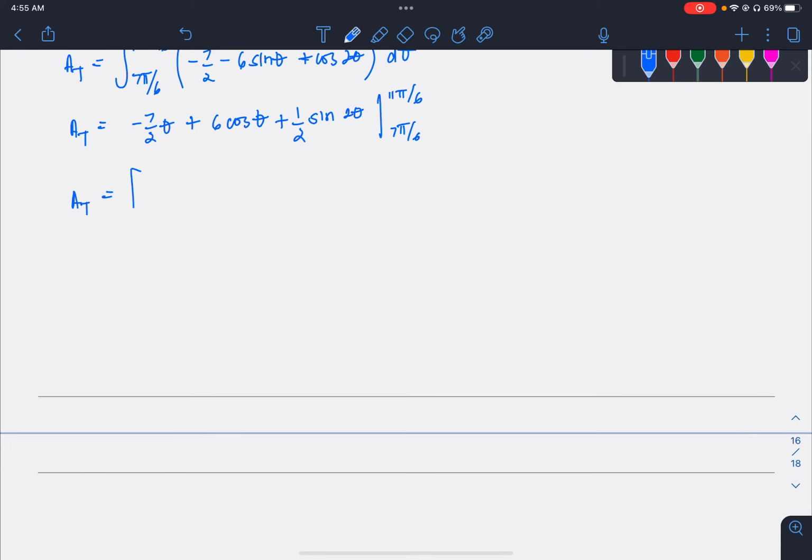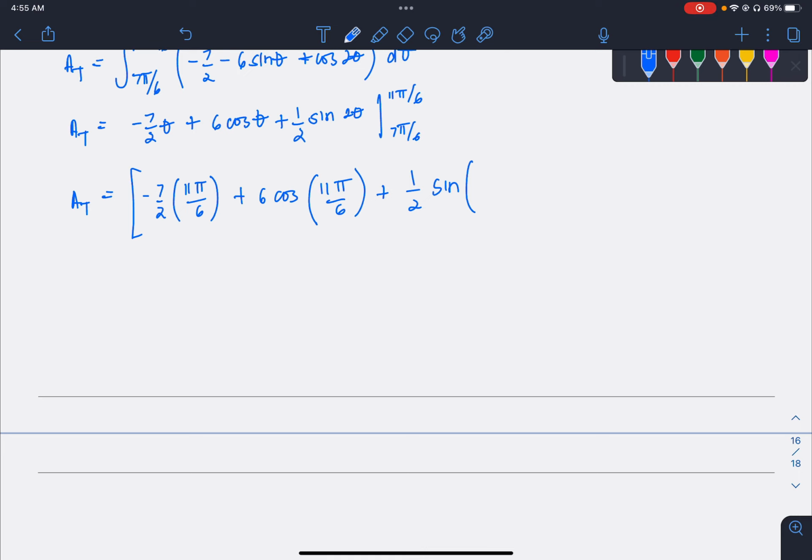And for our total area, so we'll have negative 7 over 2 times 11 pi all over 6, then plus 6 cosine, so 11 pi all over 6, plus 1/2 sine, so 2 theta, so 2 over 6, that will be 3. So that would make it 11 pi all over 3.